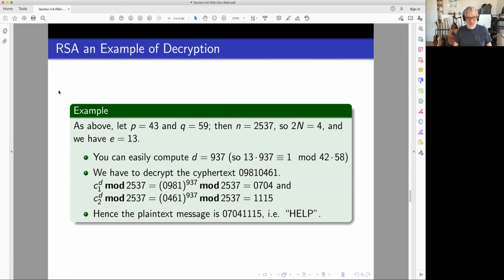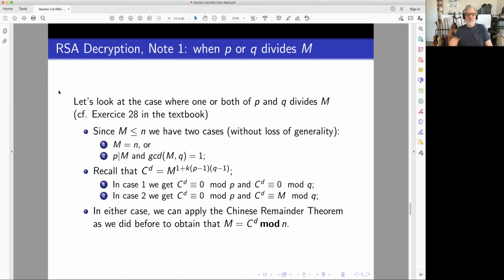I don't want to go through this slide in detail. I don't want to mix you up. But it's there. So if P or Q happens to divide the message M, it still works. If you take C to the power D, you will get back M. And it's the Chinese remainder theorem. It's just that you can't use Fermat's little theorem. You're not allowed because P divides the base when you're taking your exponent.